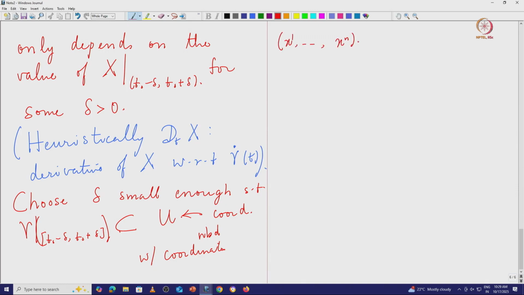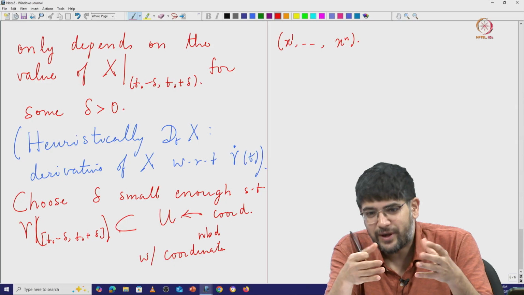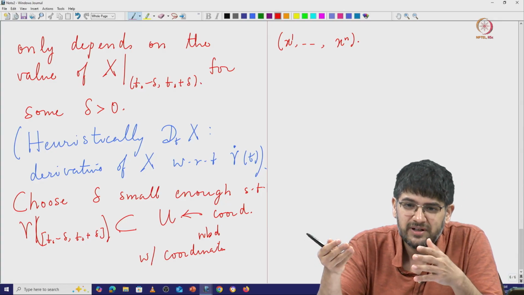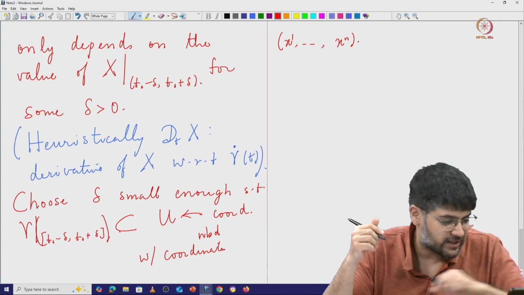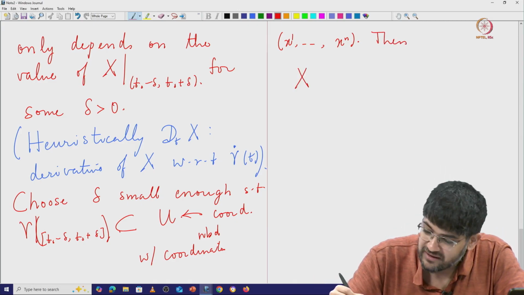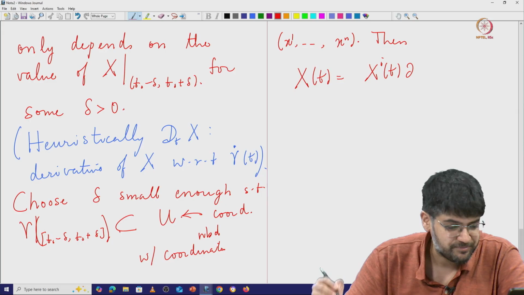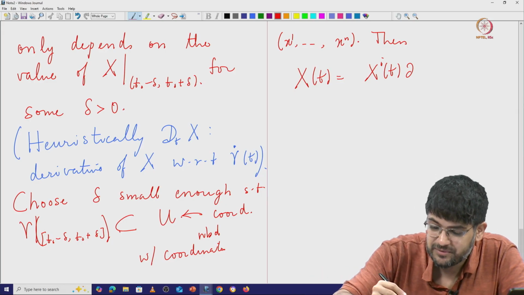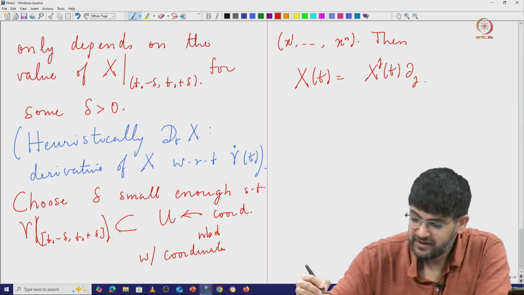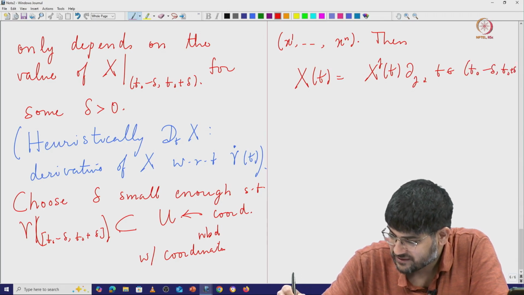So essentially you just take your gamma of t naught, choose a coordinate neighborhood around that with coordinates x1 to xn, then there is some small delta so that there is a segment of gamma around t naught which is completely contained inside this coordinate neighborhood, right. So then I can express my vector field x of t as some xj of t times del j, right, where t is now in this interval t naught minus delta to t naught plus delta.